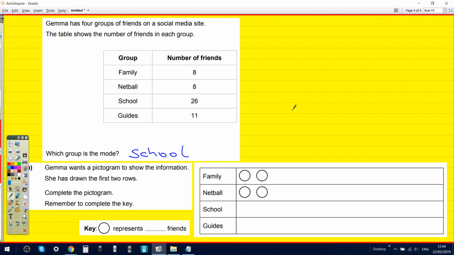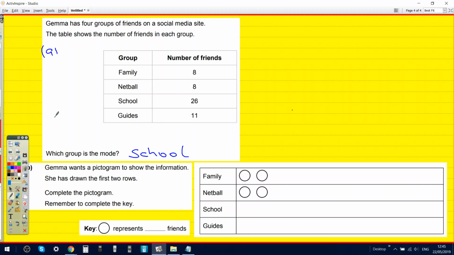So each circle, it doesn't tell you what each circle represents. This is part A and that's part B. So they're not related, these two questions. So they are related. Right. It shows the first two rows. So I mean that one.